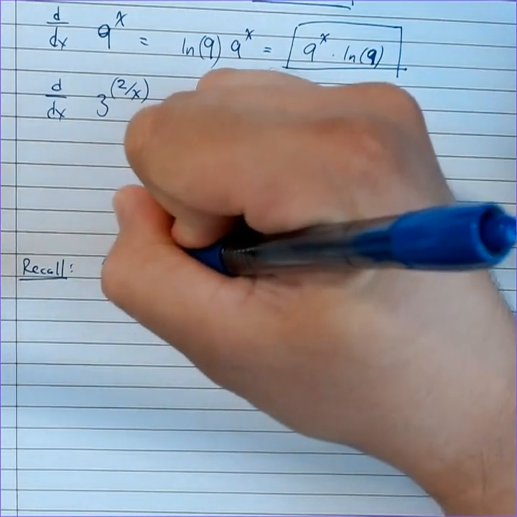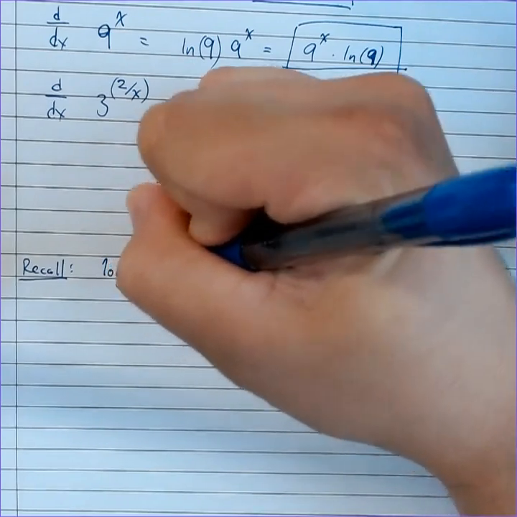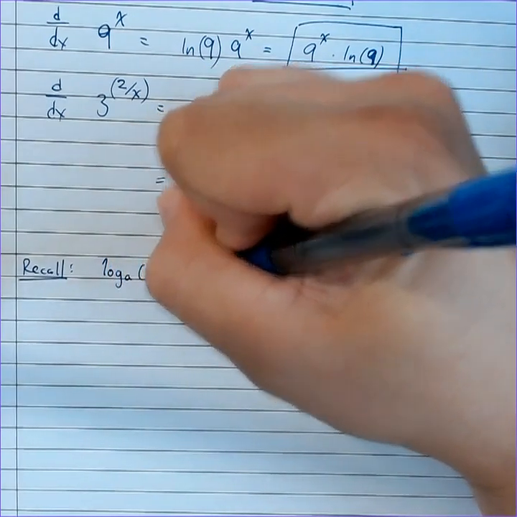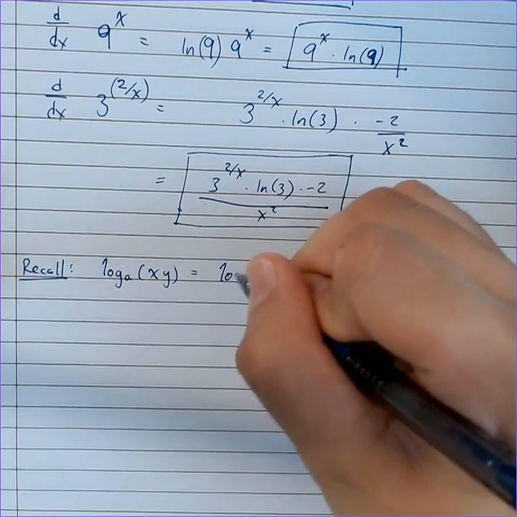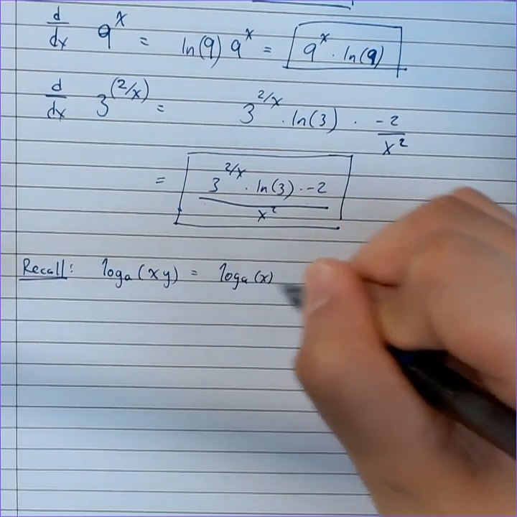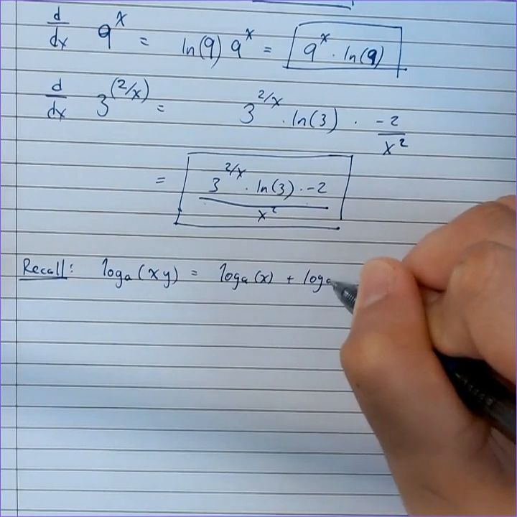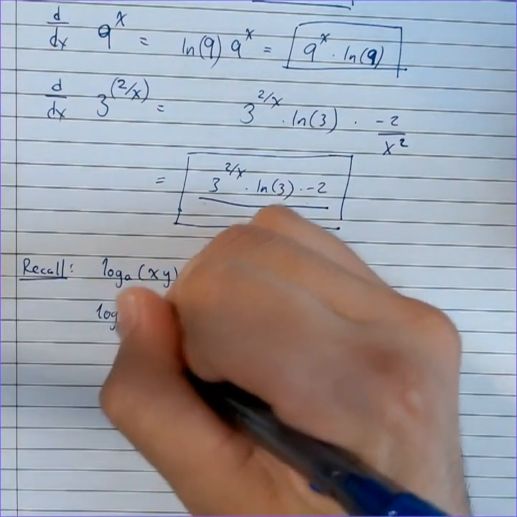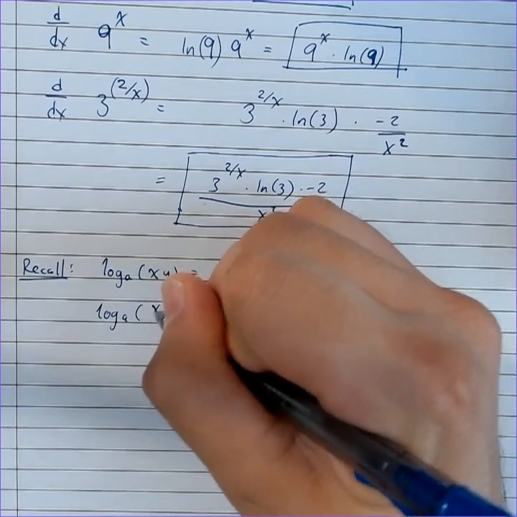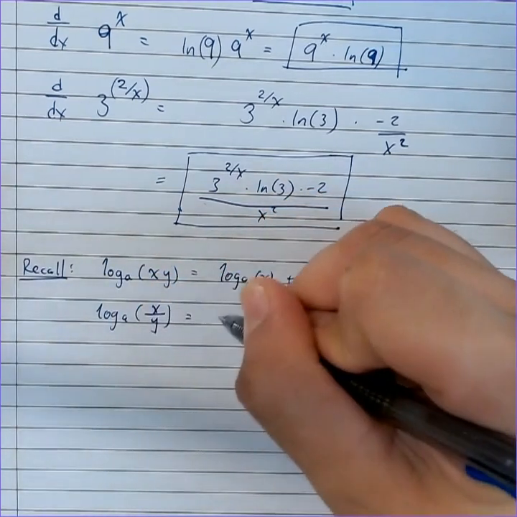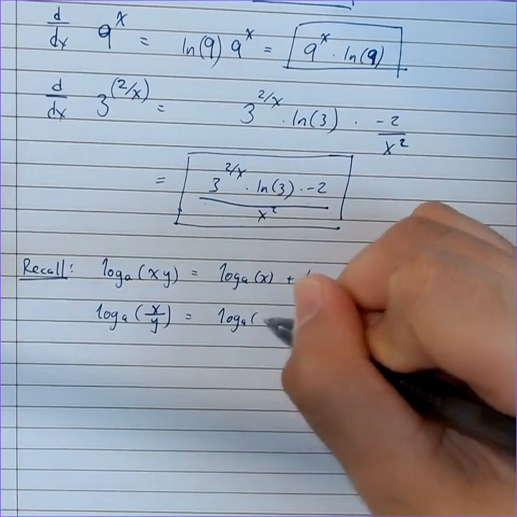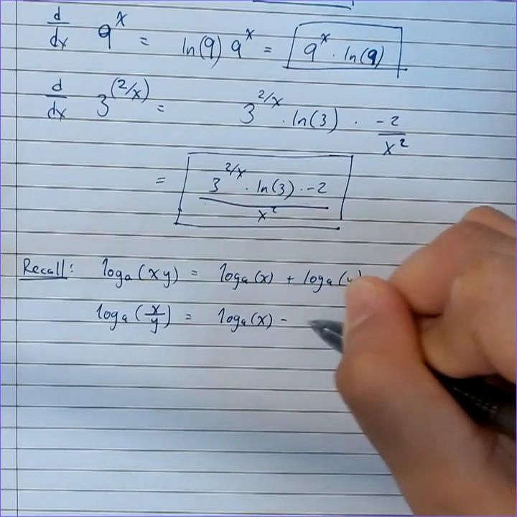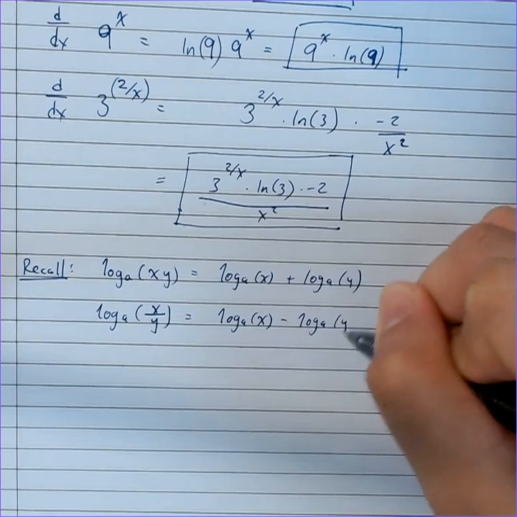If you have log base a of x times y, that's the same as writing log base a of x plus log base a of y. If you have log base a of x over y, that's the same as writing log base a of x minus log base a of y.